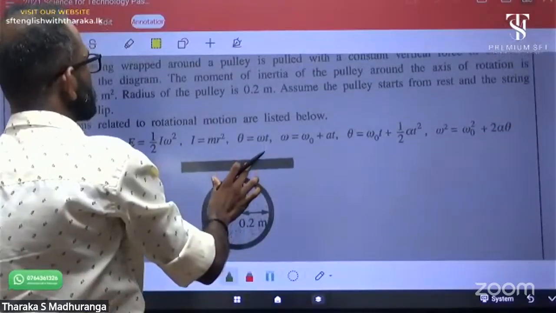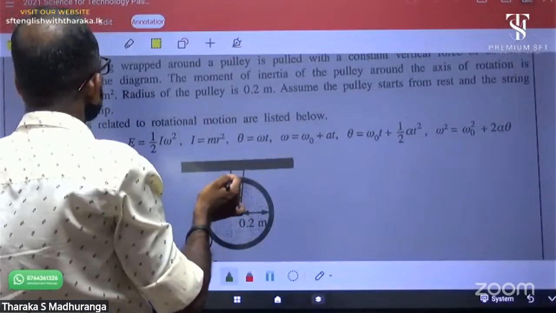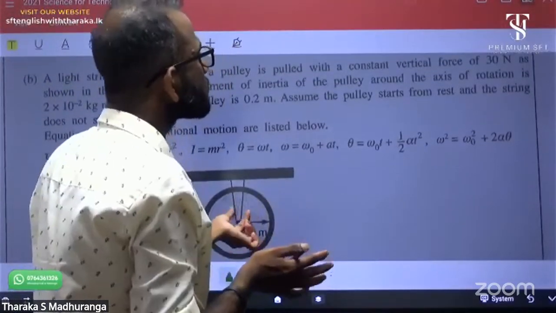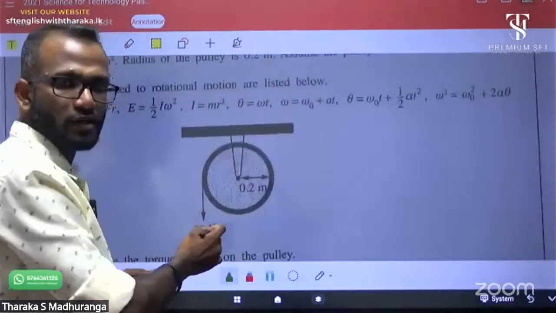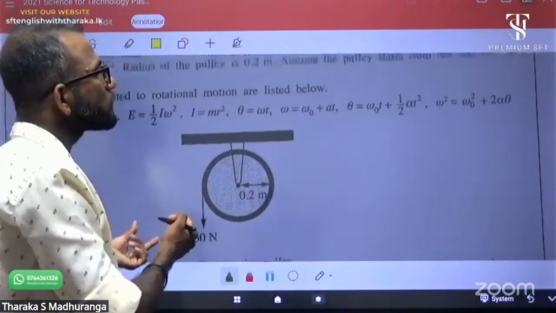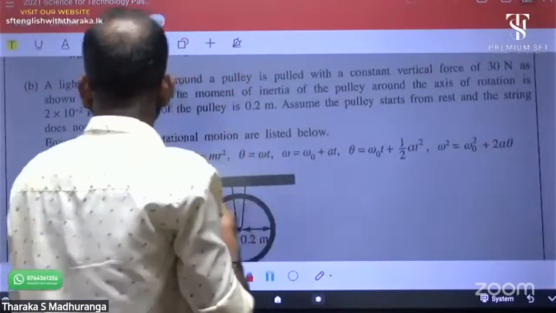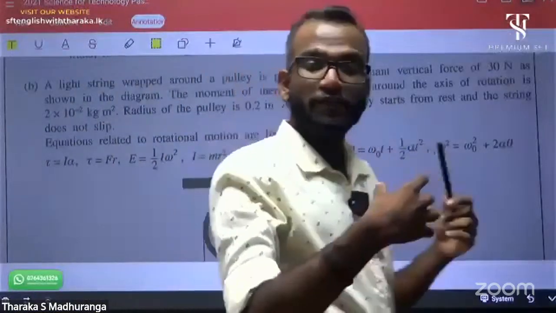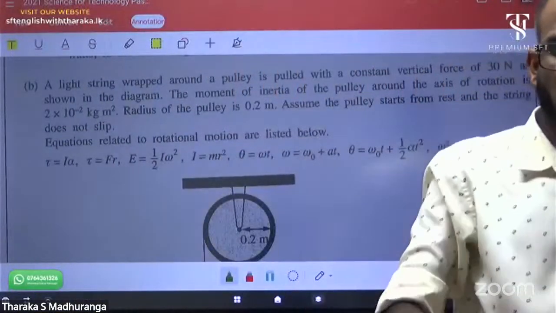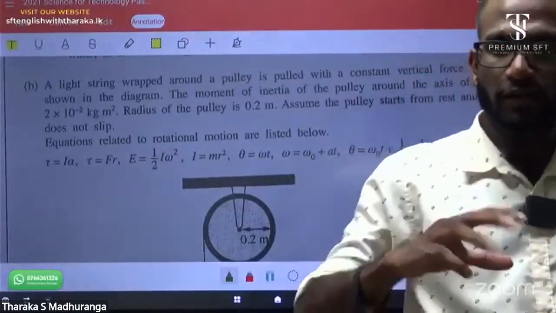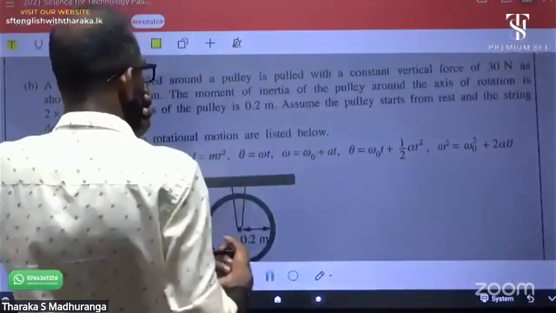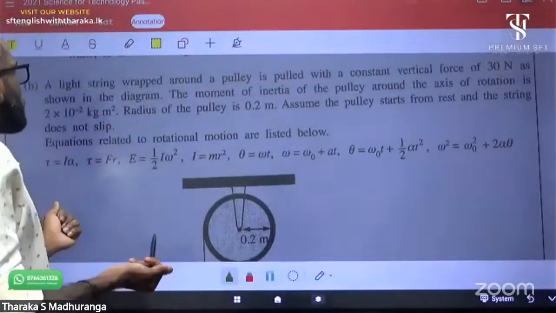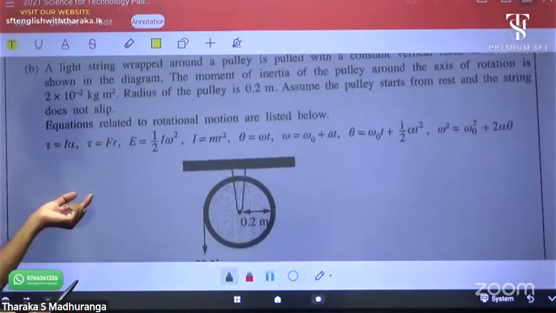The moment of inertia of the pulley around the axis of rotation is 2 into 10 to the power minus 2 kilograms square meter.